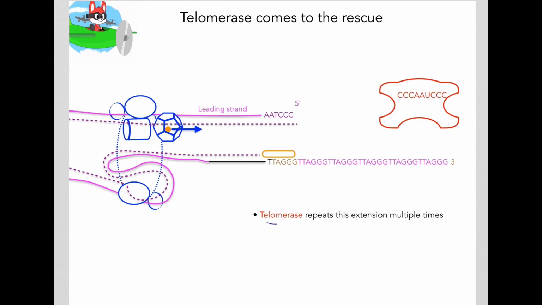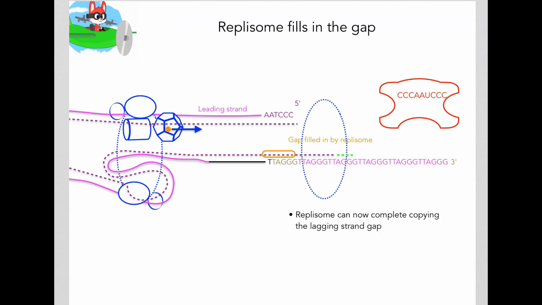So the telomerase will keep on extending this G tail many times, multiple times, using its RNA template. With this extension now, the replisome can come to this point, make an RNA primer, and then synthesize DNA by polymerase delta and fill in this gap.